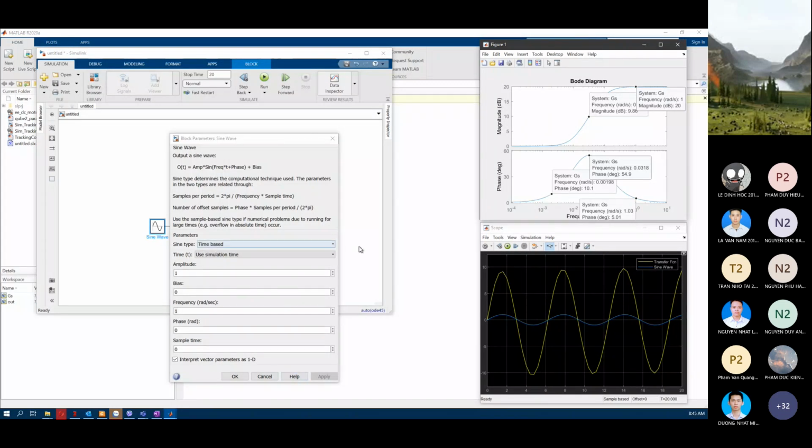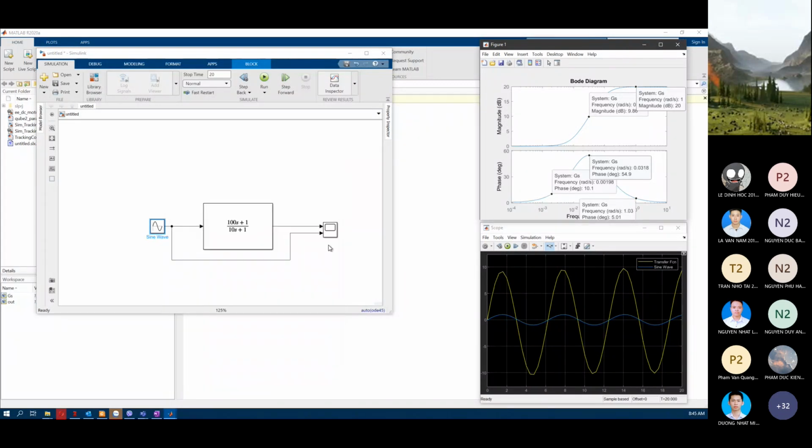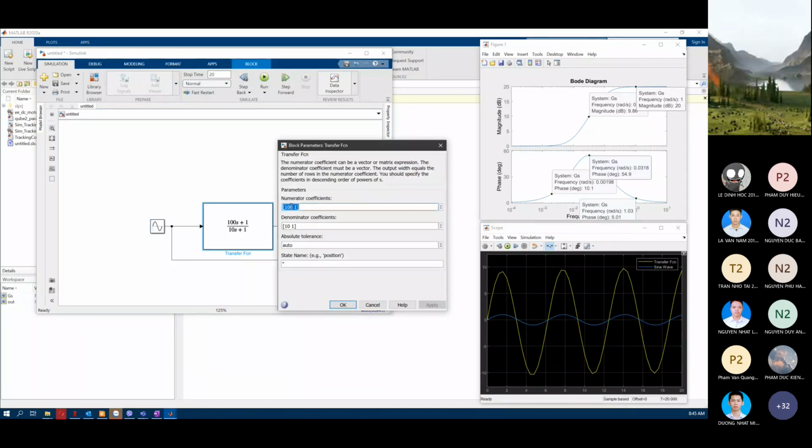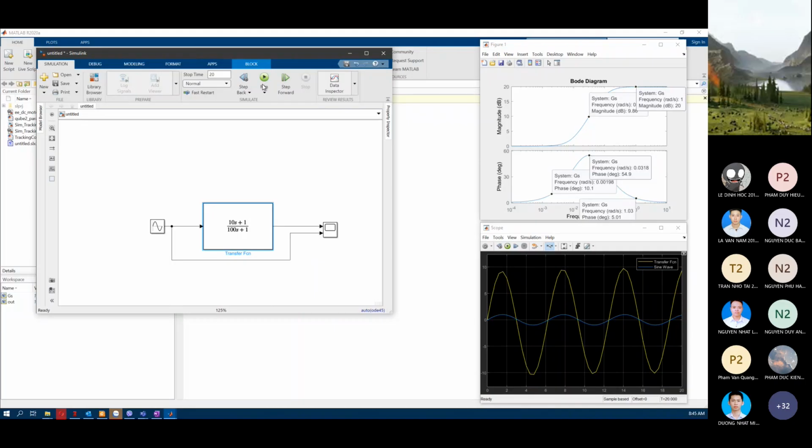And you can easily change this to a phase lag by changing this one, the same phase lead and lag. Now if we simulate it again, you can see the opposite: the amplitude now will be reduced about 10 times.